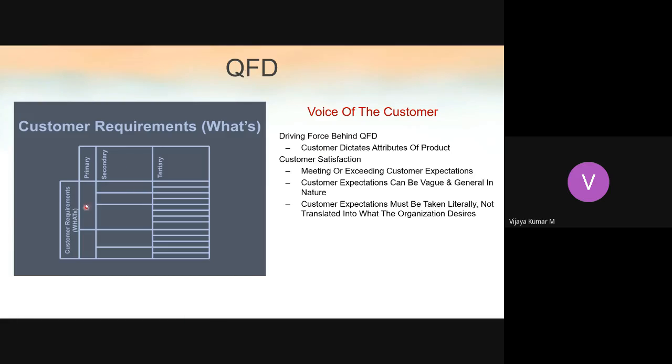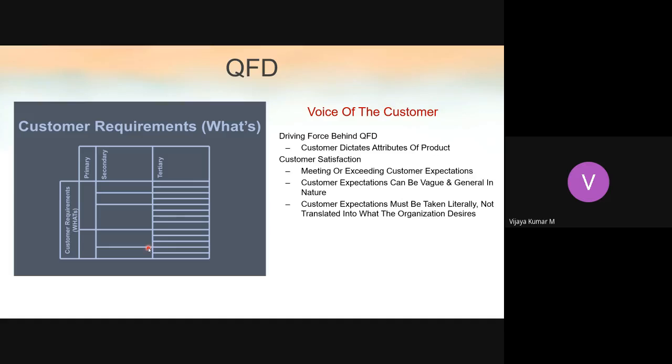That is why you have to be very cautious, even though it is a qualitative aspect. You have to understand the qualitative aspect of the parameters very clearly. That is about the customer requirements, right?